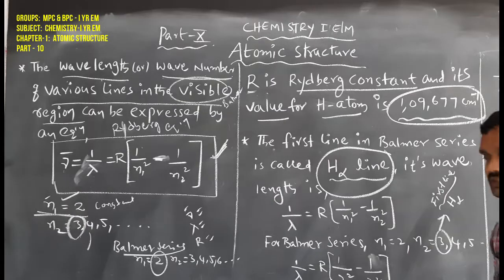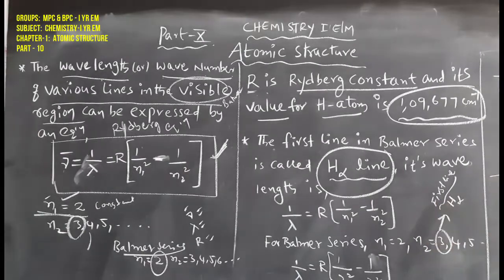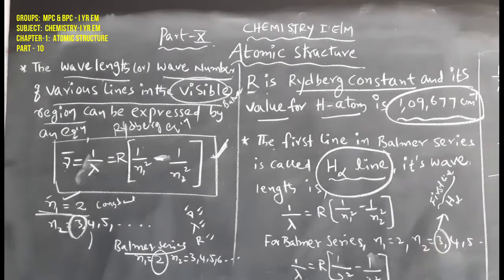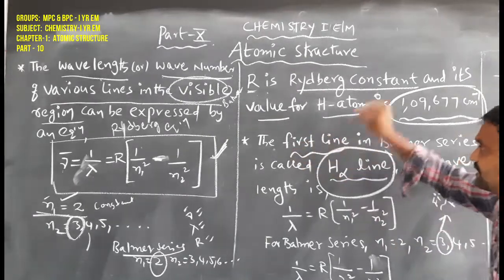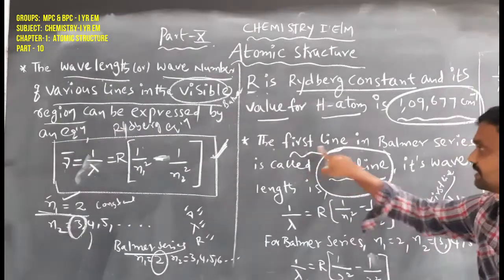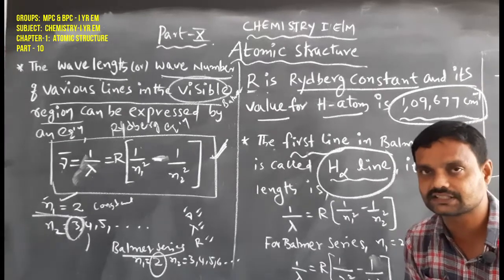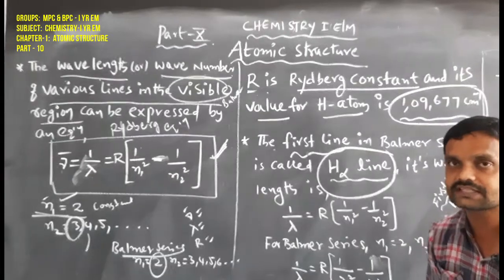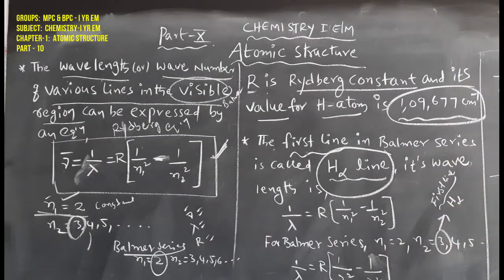In the equation we should substitute the n1 and n2 values. Here for n2 we use 3, because the question asks for the first line in the Balmer series, and for the first line we always use n2 equals 3. That first line is called the H alpha line.